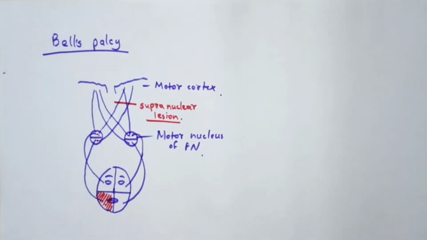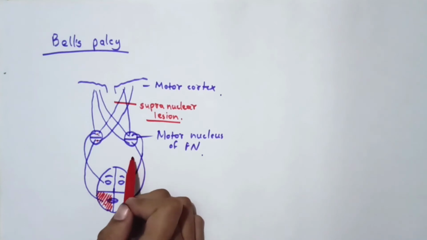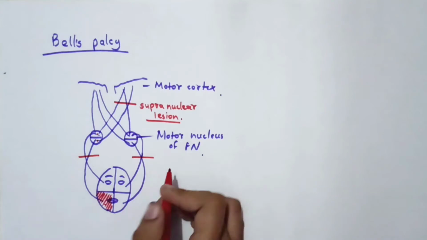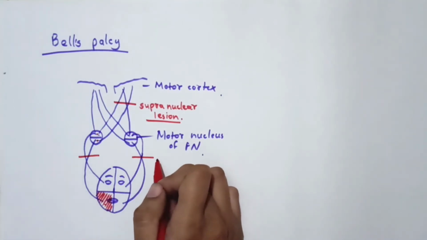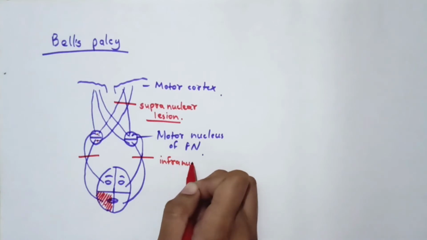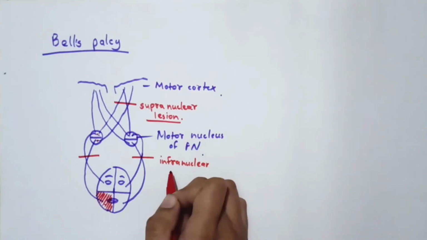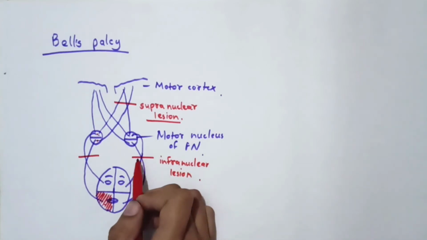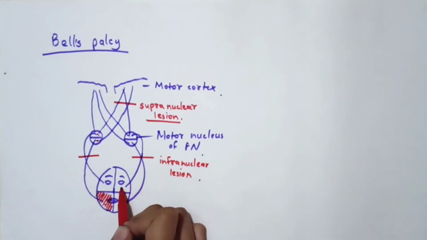Now if we talk about the infranuclear lesion, if there is injury on the lower part, that is the infranuclear lesion, what will happen? The fibers which supply the upper part of the face and the fibers which supply the lower part of the face, both will get injured.